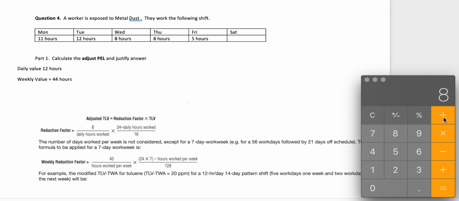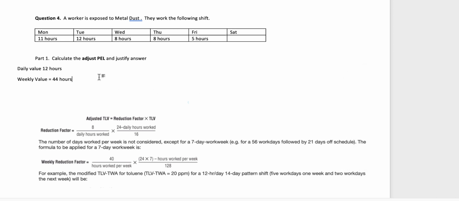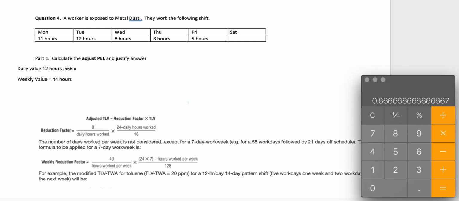So I have 8 divided by 12 is 0.66. And the second part of the equation, 24 minus 12 divided by 16, 0.75.